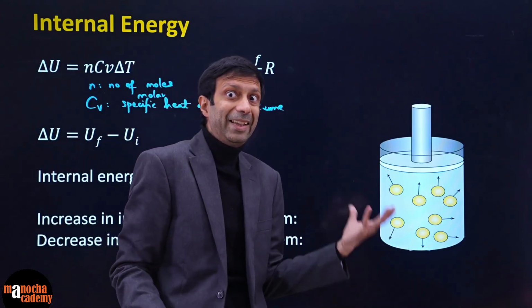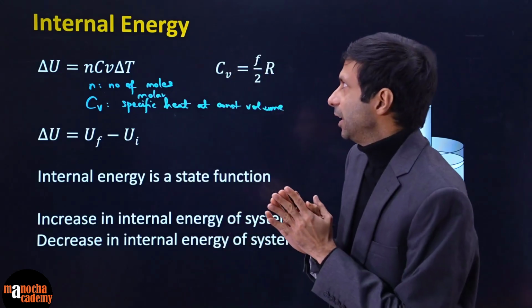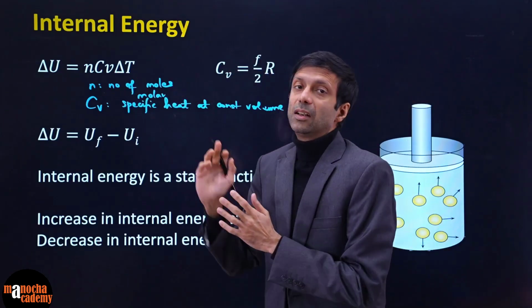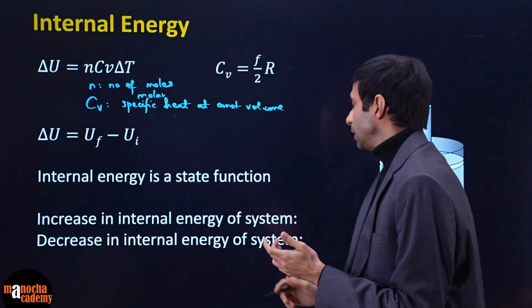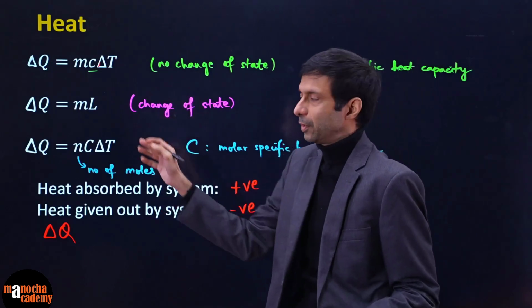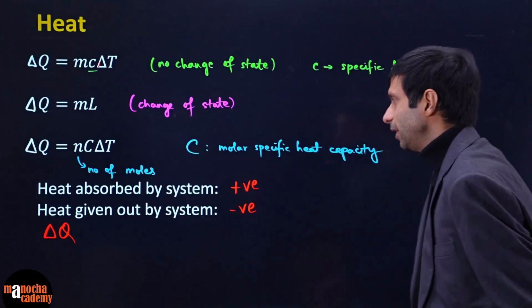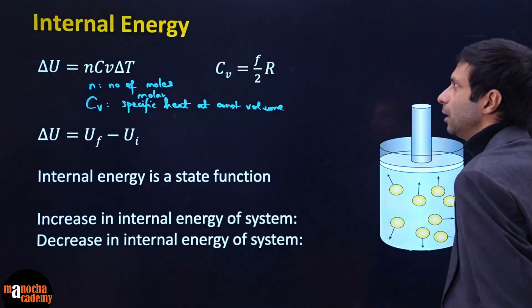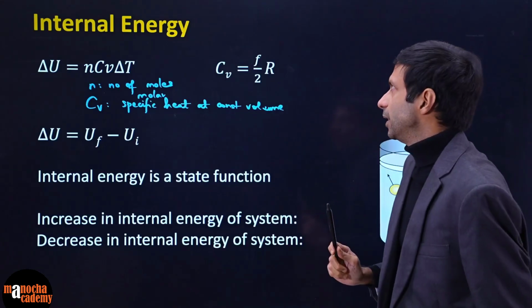So even though you're heating it, you are keeping it at a constant volume. Then we say you can calculate the change in internal energy using this formula. I know this looks similar to the delta Q formula, and we'll discuss why it is similar. Why is it looking similar to the nC delta T formula? Here we have nCv delta T. Okay, so we'll be discussing that.